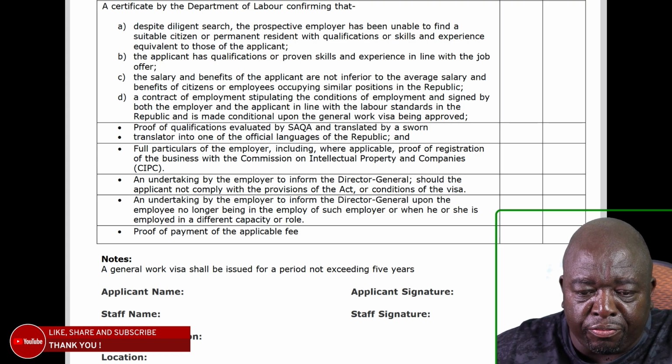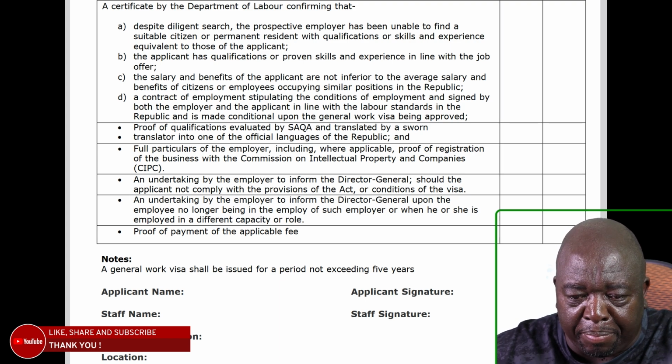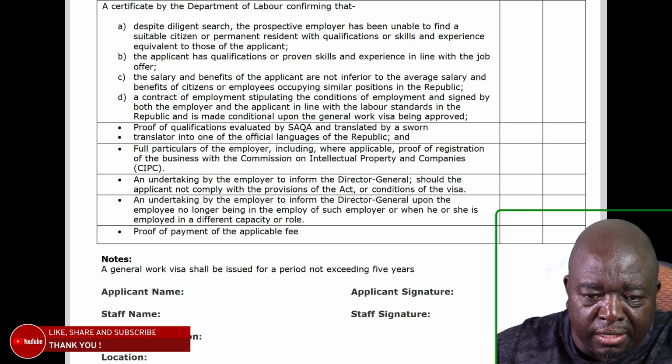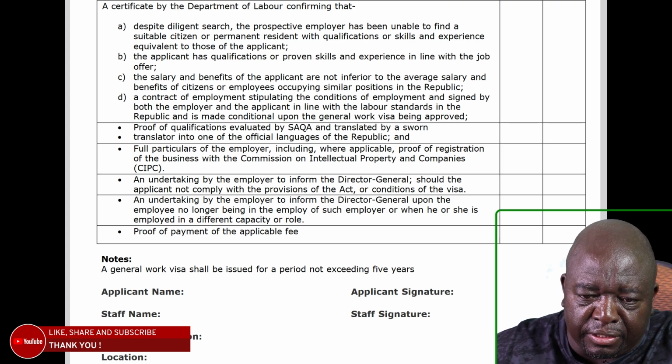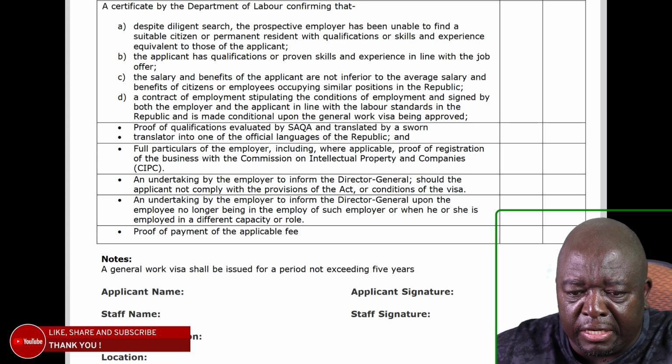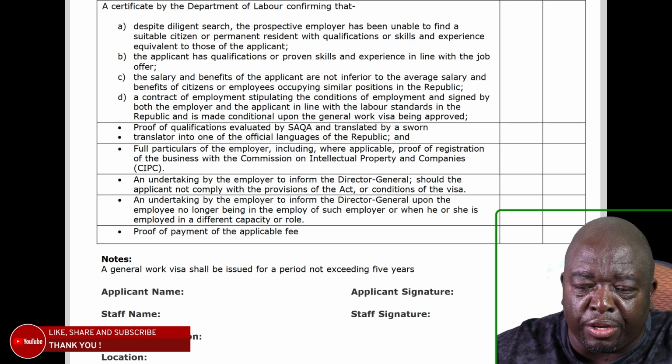Then the proof of qualifications from SAQA, that we have applied for waiver for, and the minister is waiving this. And then the certificate of Department of Labor, that also I believe we have applied for a waiver as well.